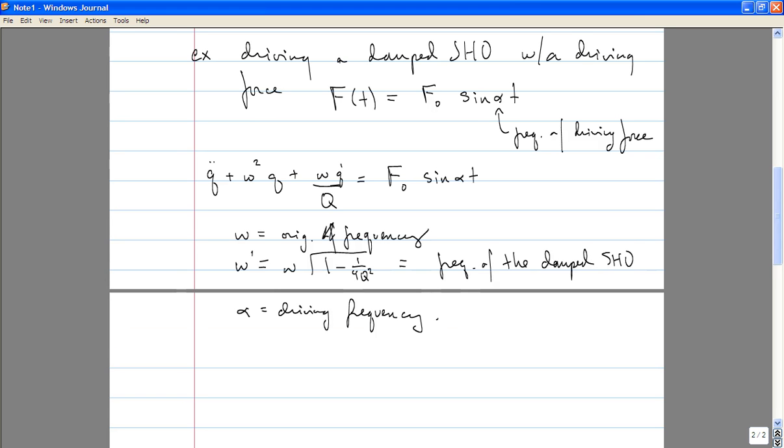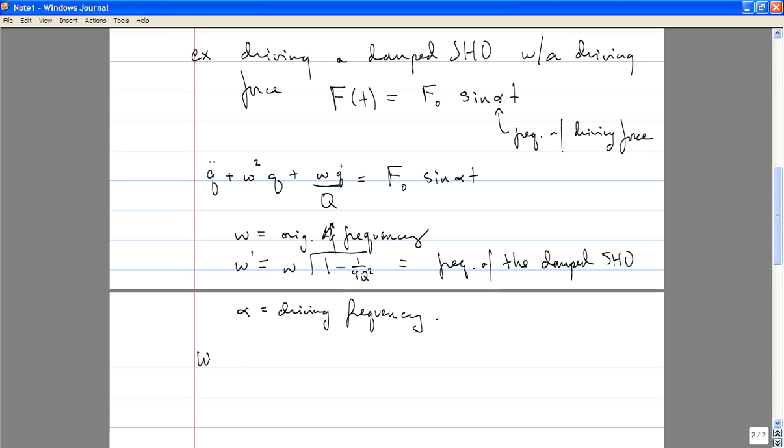Okay, so the homogeneous solution to this differential equation is exactly the same function that I wrote down for you last time. So it's easy to write down the generic homogeneous solution to this differential equation. And those homogeneous solutions all decay in time. So the particular solution that we find will represent the steady state behavior at late times.